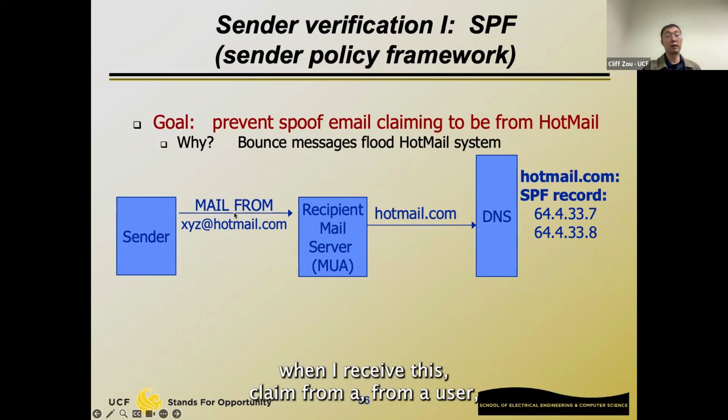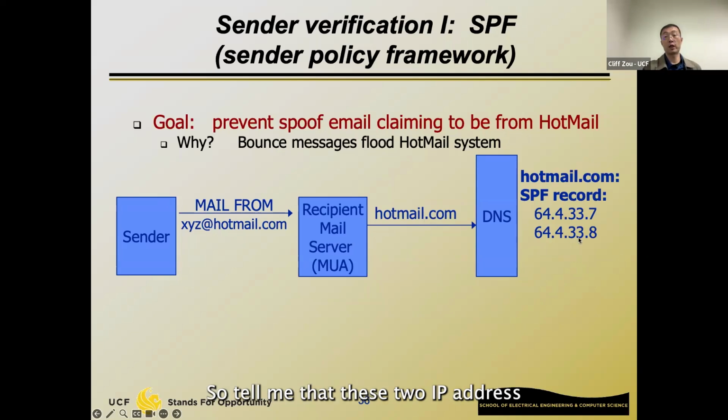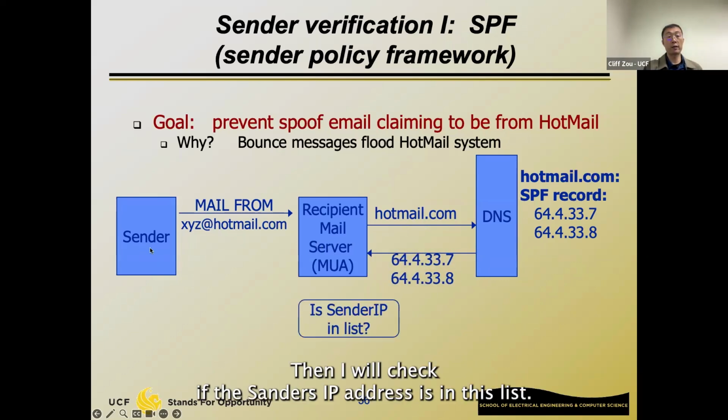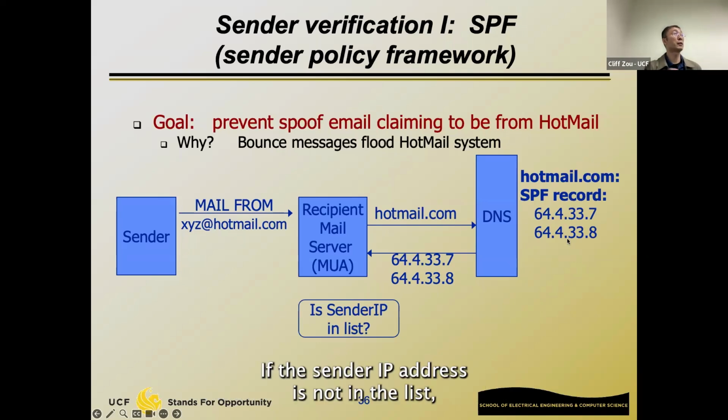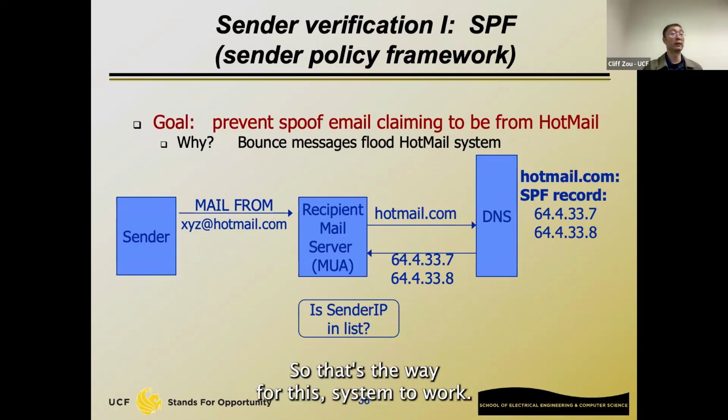When I receive this claim from a user, I will send a DNS query: what is the SPF record for hotmail.com? And this record should tell me that these two IP addresses are in charge of hotmail.com. Then I will check if the sender's IP address is in this list. If the sender's IP address is not in the list, then this email is highly likely to be spam. So that's the way this system works.